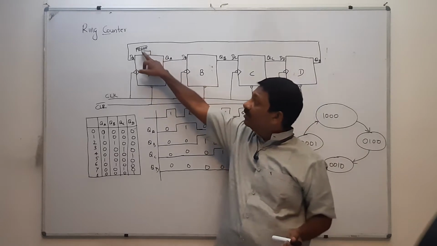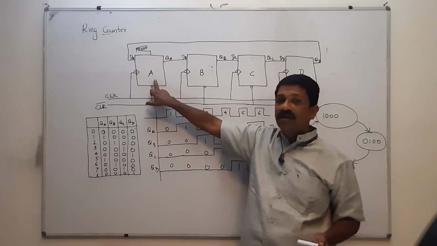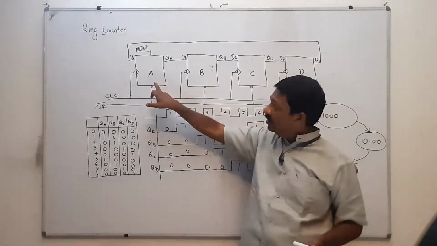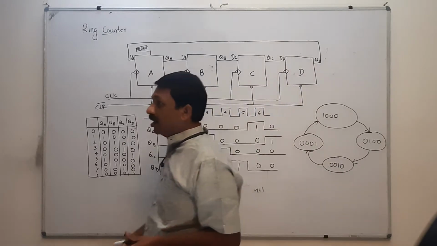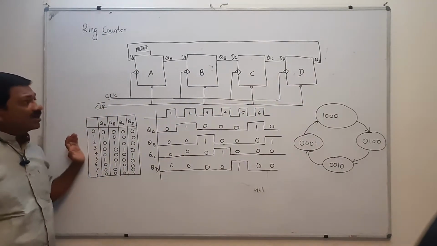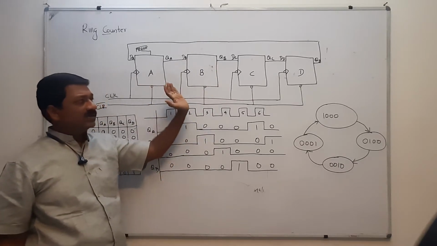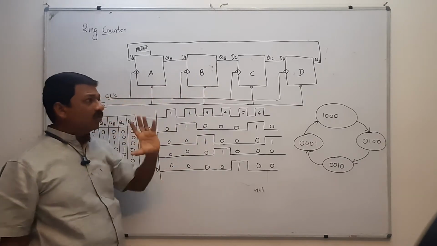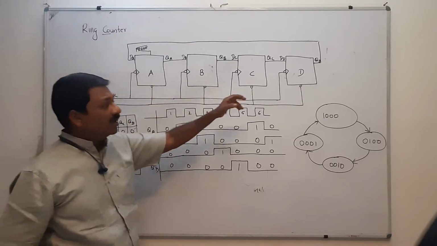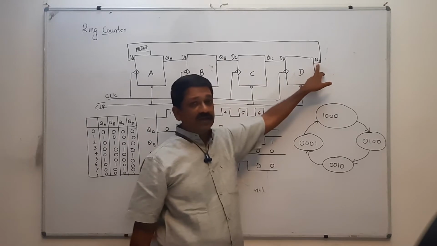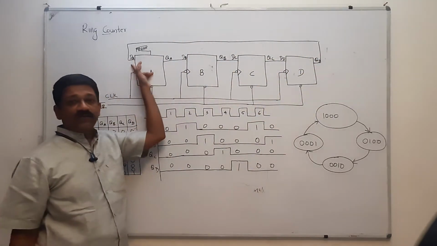If you activate this preset, the content of A becomes 1. As you know, this is just like a 4-bit shift register, and the one and only difference between a 4-bit shift register and this ring counter is that the output of the last flip-flop is connected as the input of the first flip-flop.